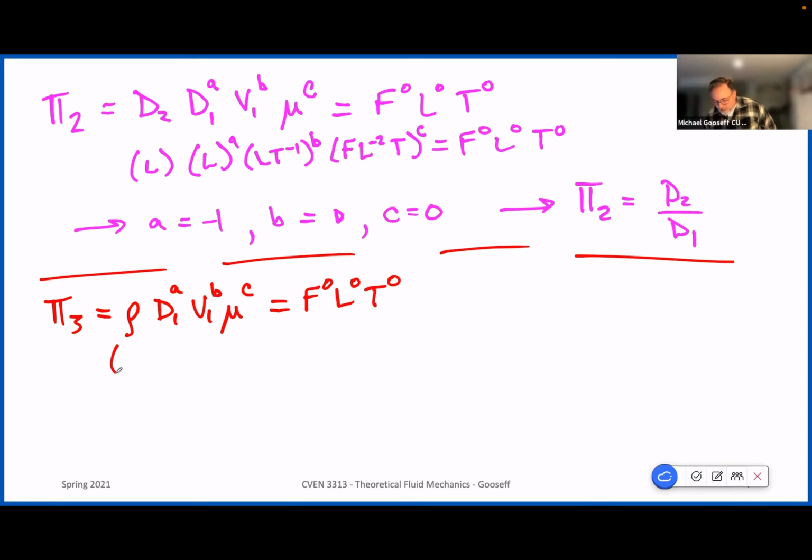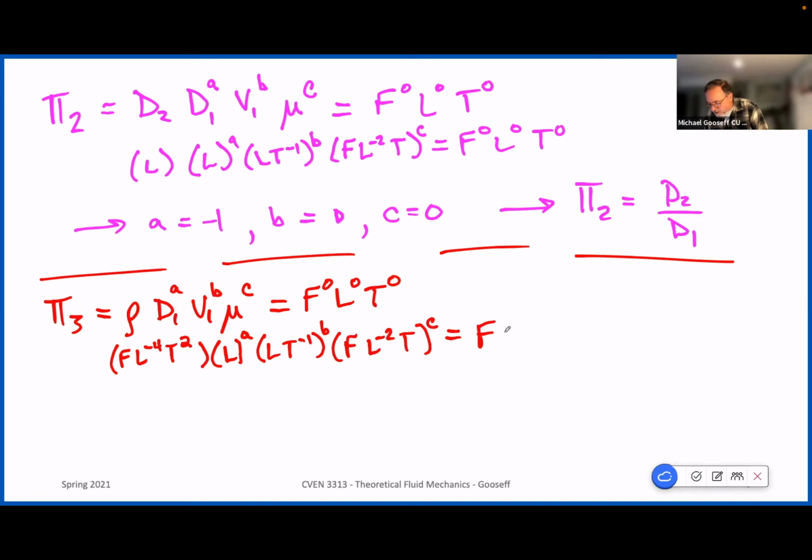And so now our dimensional analysis looks like this. We have force times time squared over length to the minus 4 for rho, and then we have length to the A power. The dimensions of velocity are length times time to the minus 1 raised to the B power, and then mu is force per length squared times time, all that raised to the C power.